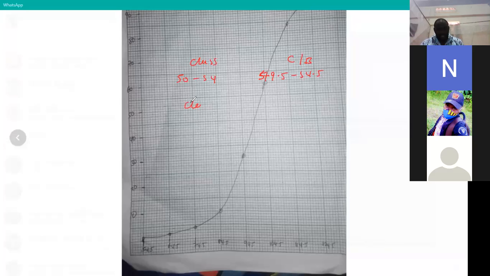Now, what if the class has 50.2 to 54.2? It means we subtract or add 0.05, which gives 50.15 to 54.25.